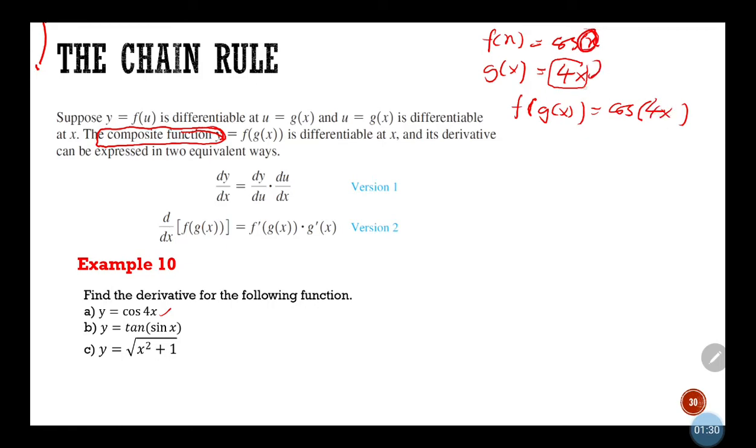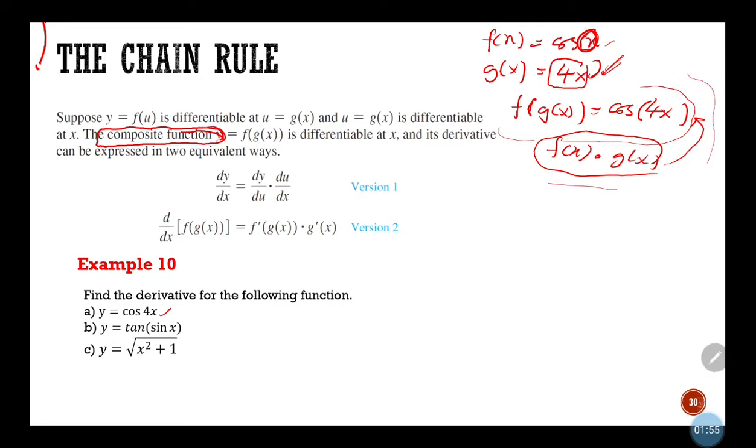To differentiate this, you have to consider both fx and gx. Do not confuse, this is not equals to fx times gx. Ni multiplication of two functions, but this is a composite function, f of gx dia panggil. So today we are going to discuss on how to differentiate this kind of function.